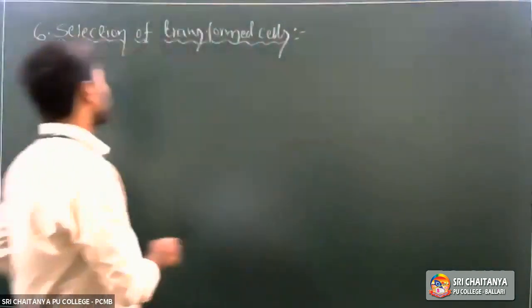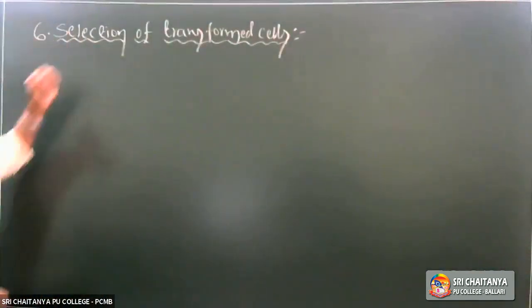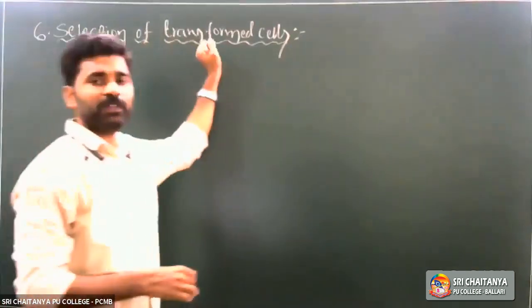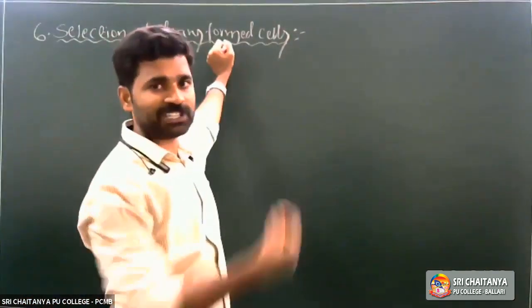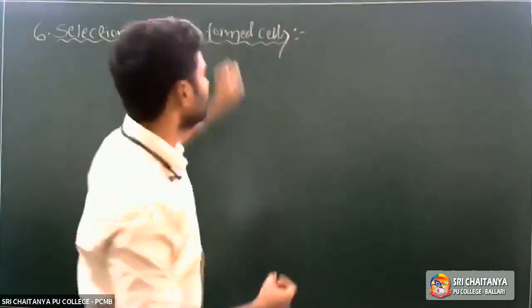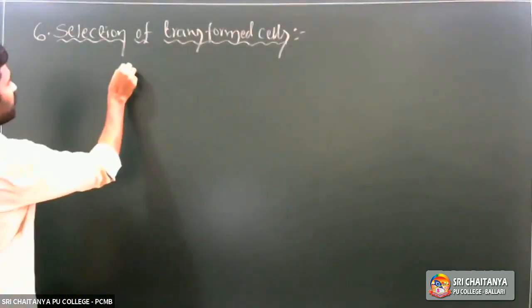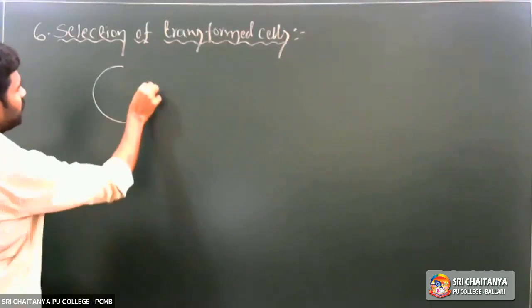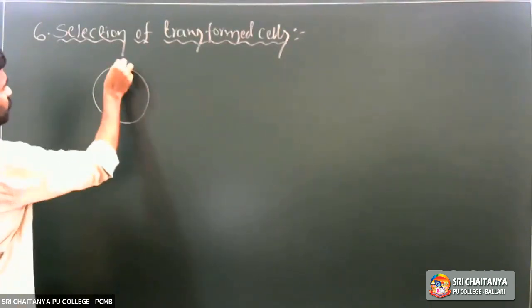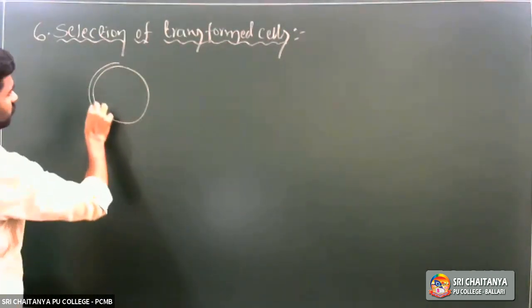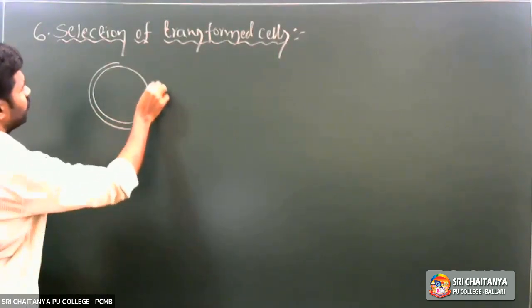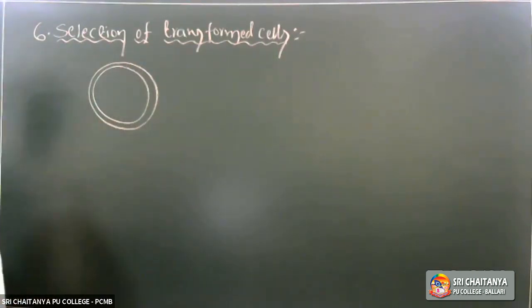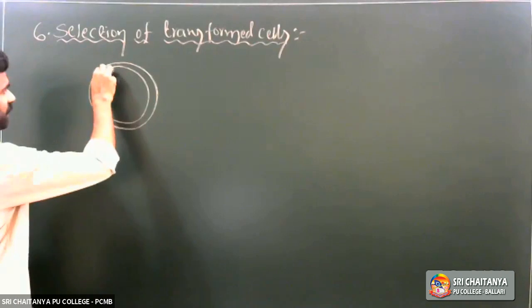Right. So now come to the sixth important step: how we will select transformed cells from the non-transformed cells. We will see step by step. For example, you can take the pBR322 vector. Imagine it is the vector.